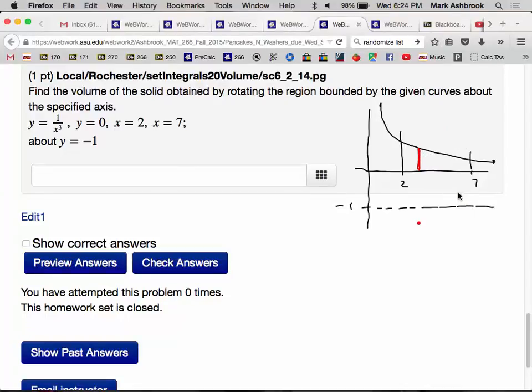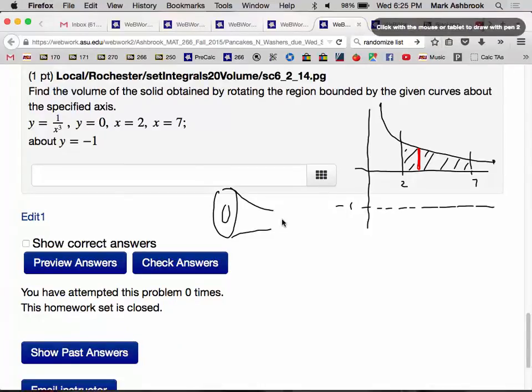And all right, so if I can see if I can draw. So when you rotate that region about the line y equals -1, you're going to get something like this. Uh-oh.